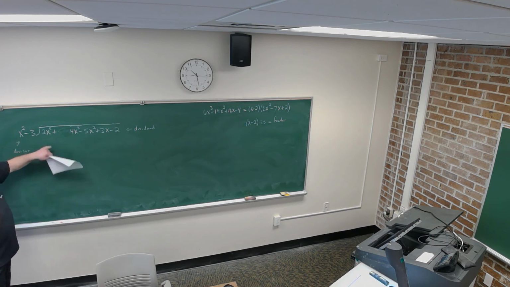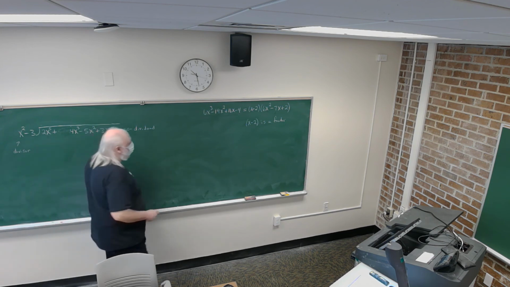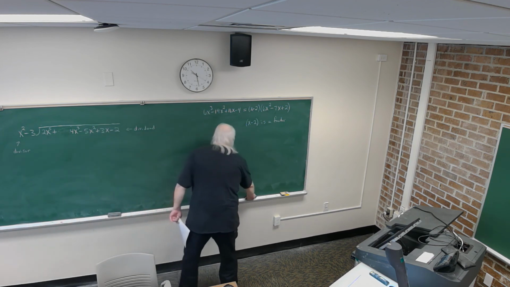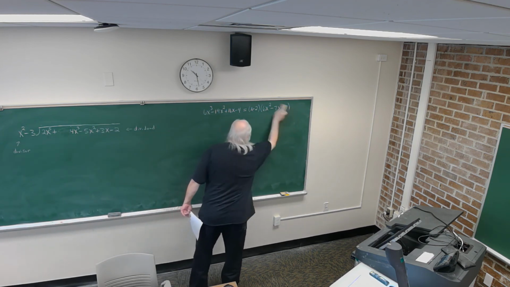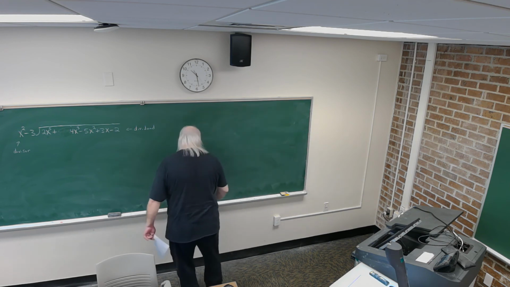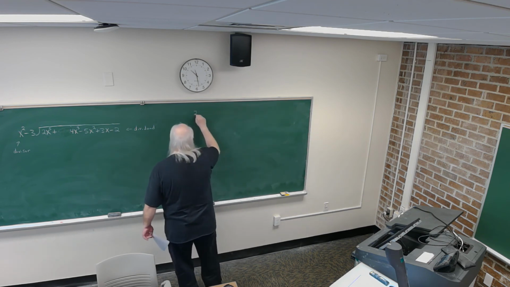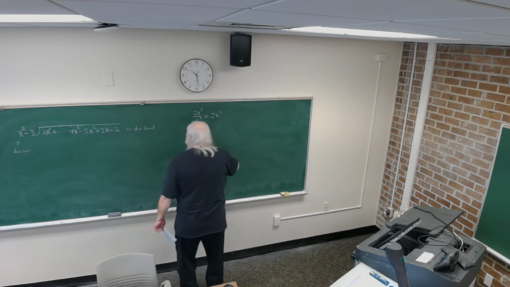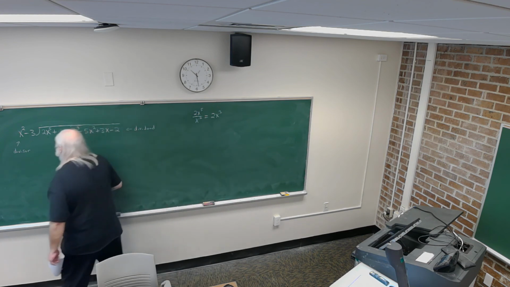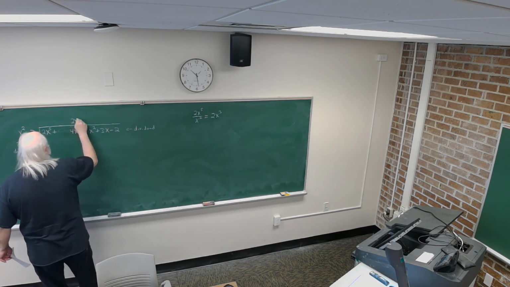How many times does x squared go into 2x to the fifth? Two x cubed times. So we put 2x cubed here.